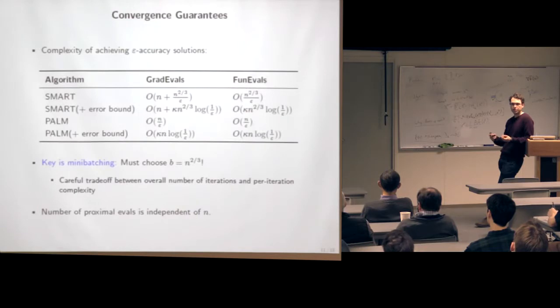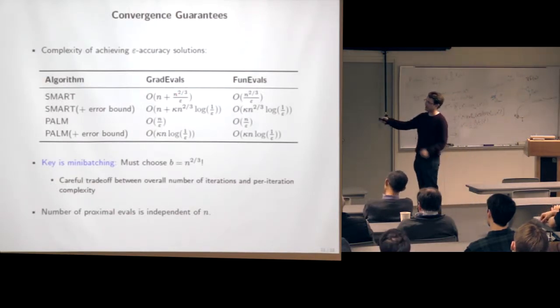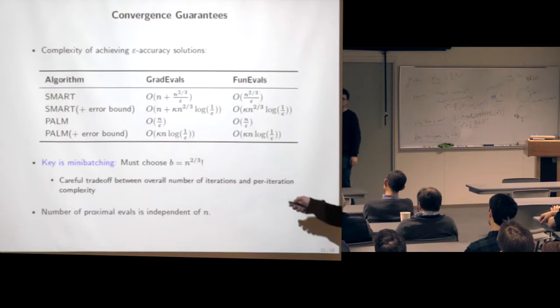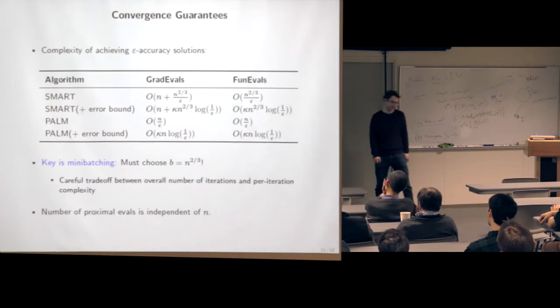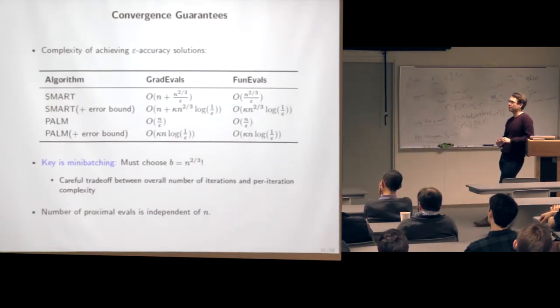So if you want to get a stationary point, you need to do n over epsilon gradient computations. With SMART, you only need to do n plus n to the 2/3 over epsilon gradient computations. And the key to this is choosing the mini-batching size appropriately. So what I said before, by reducing the variance with b, if you choose b equal to n to the 2/3, you get the best rate possible with this method.